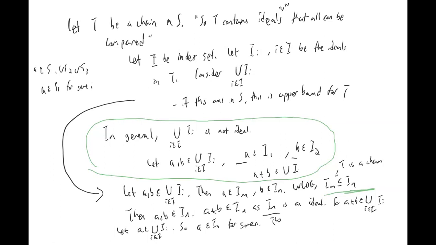Then RA is in I_n, as I_n is an ideal. So if I'm in one of them, I'm not in all of them, I'm in the union. So that proves the magnet property. Of course, R is in my ring.